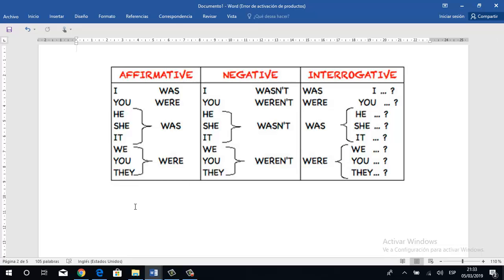Remember that in the simple present, the complement of verb to be could be a noun, obviously using an article, and at the same time it could be an adjective. And remember that the adjective is neutral, so you don't need to use it with anything.